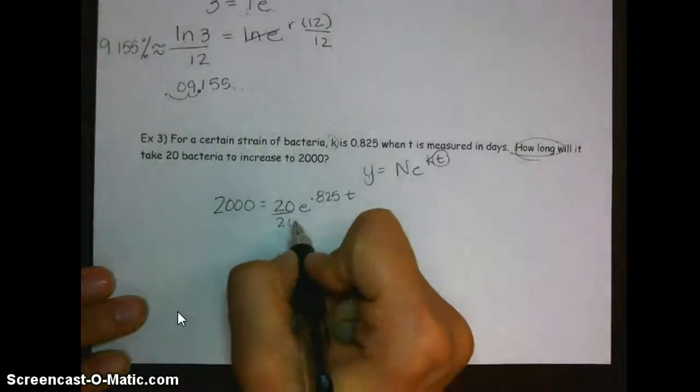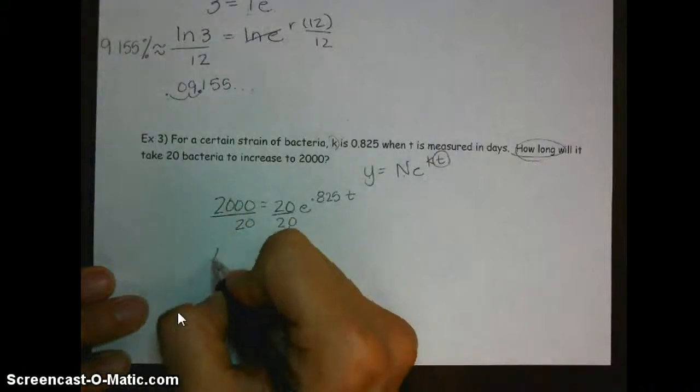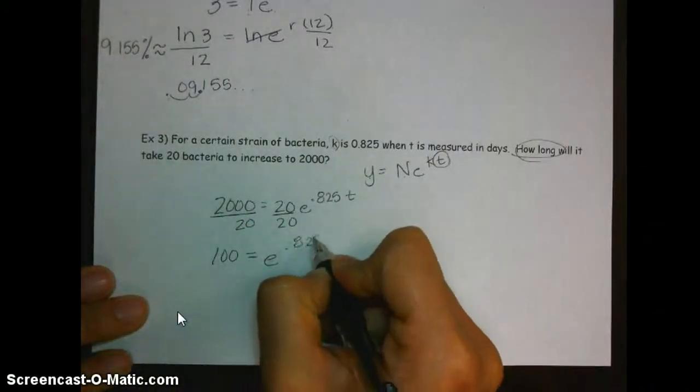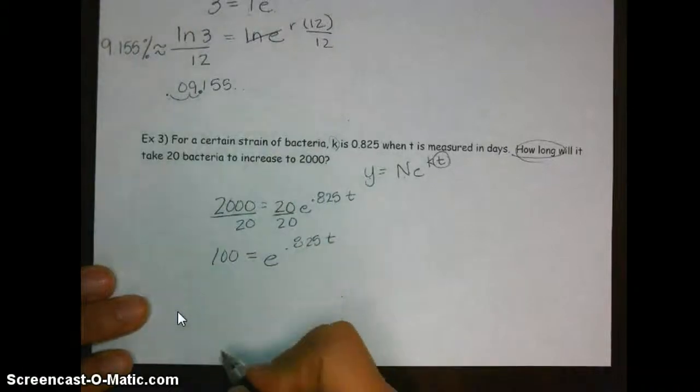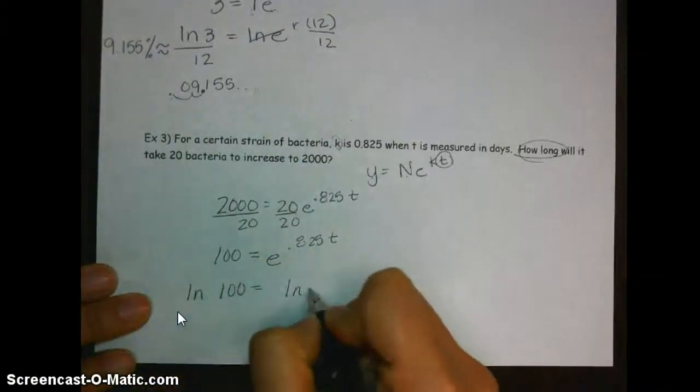This is similar to the problem above. So we're going to first isolate the term that has a power. And then we're going to take the natural log on both sides, since I cannot rewrite my bases to match.